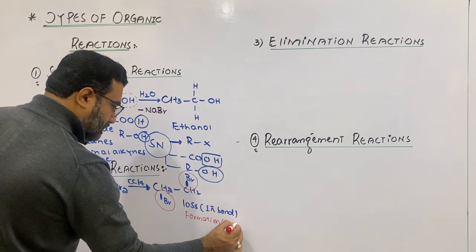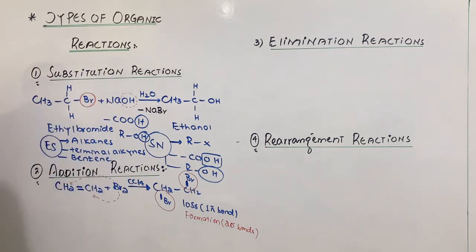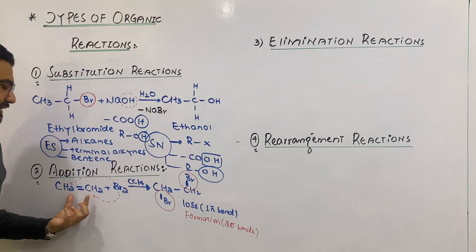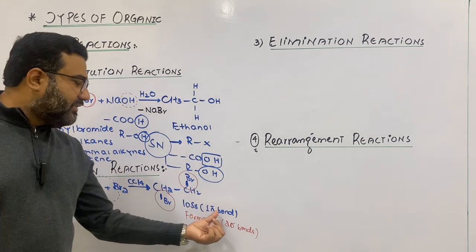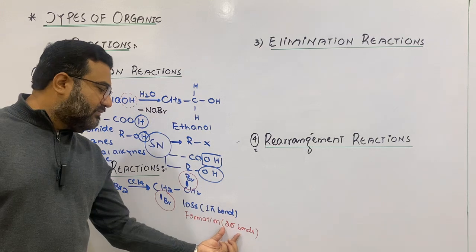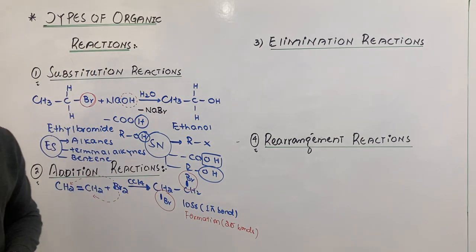So addition reactions are those reactions in which some reagent is added to an unsaturated molecule, which results in the loss of one pi bond and formation of two sigma bonds, and the unsaturation is changed to saturation.